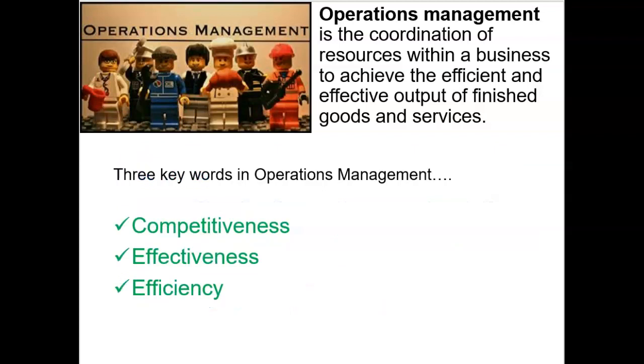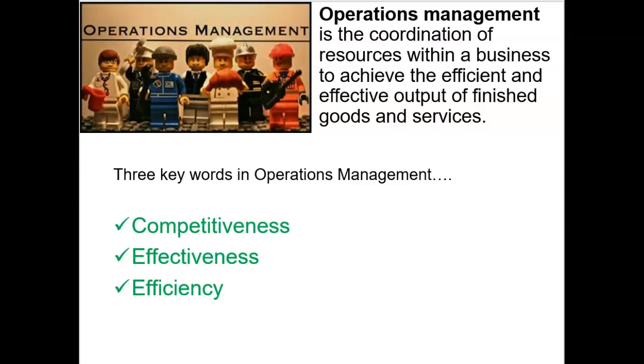Now, there are 3 key words in operations management, and you'll see them throughout the study design as you read through the study design and throughout the textbook, and they're competitiveness, effectiveness, and efficiency. And we can't answer the question of how the operations management function achieves business objectives unless we can answer what competitiveness is, what effectiveness is, and what efficiency is.